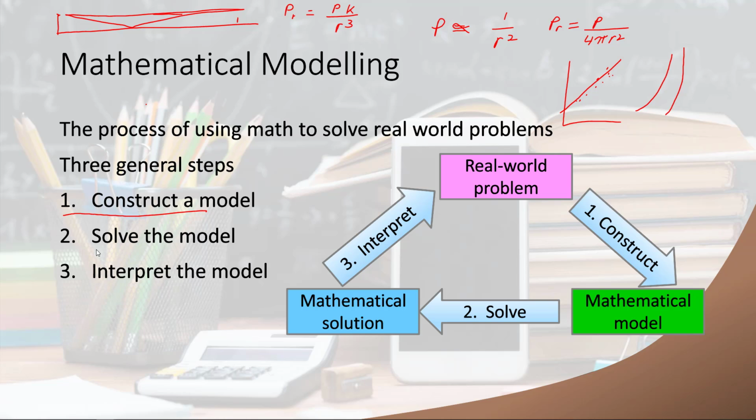Then we find a solution for that particular model, okay? And when we construct a model, that model might be y is equal to ax plus b. And for every value of x, we actually want to find solutions for y. And we want to interpret that model, in other words, does our solution make sense for the real-world problem at hand? If it does, great. If it doesn't, we might want to revise our construction, and we basically go around like this as we fine-tune our model.